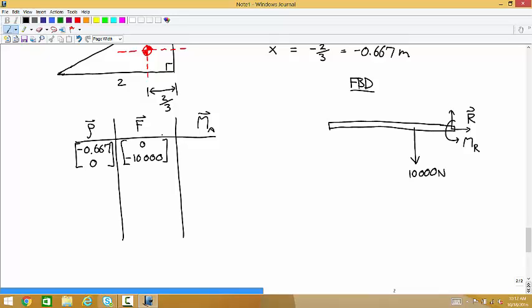Take that cross product, and you get 6666.7. I don't know. Those sixes keep going. And now the force, I'll do the force R next. So this one's the distributed load. I didn't write it. It's implied in my head.